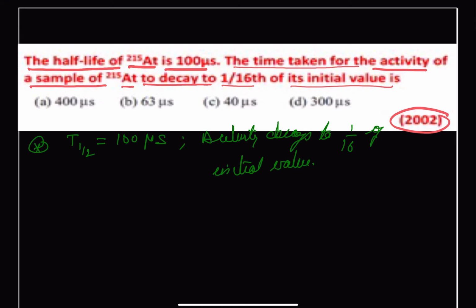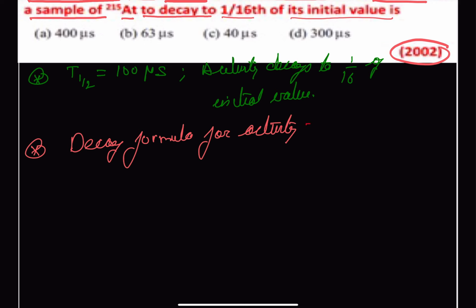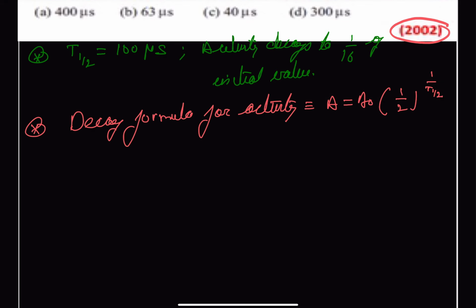So directly we can use the activity decay formula. That formula gives us A is equal to initial activity A naught multiplied by (1/2) raised to T upon T half, and the relation between the activity and its initial value is 1/16th.